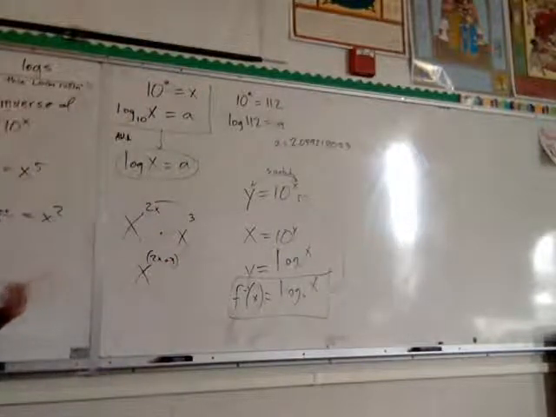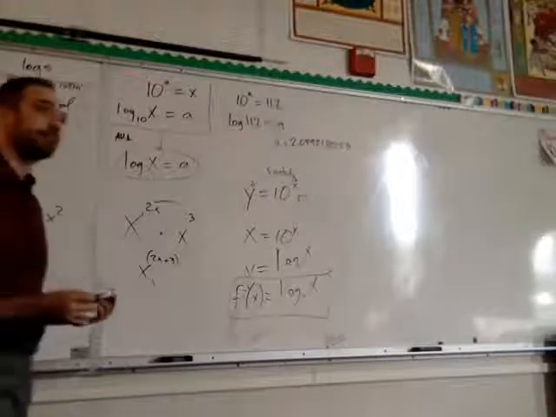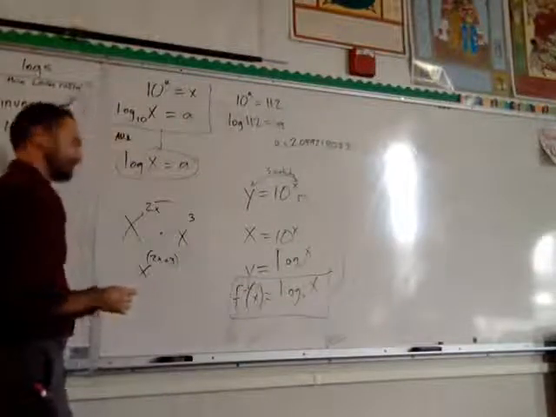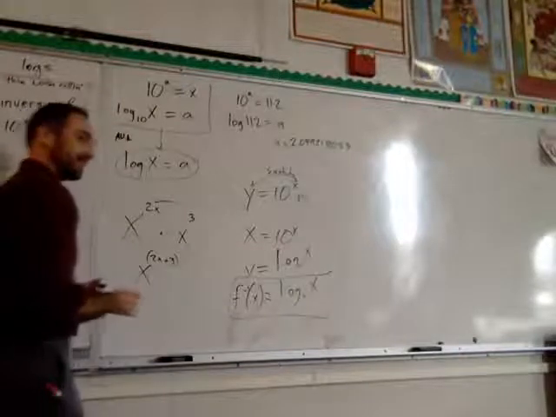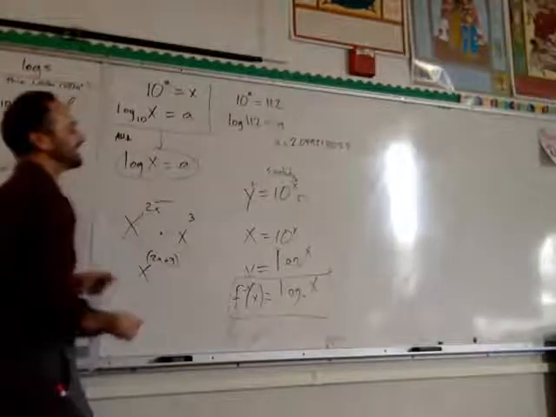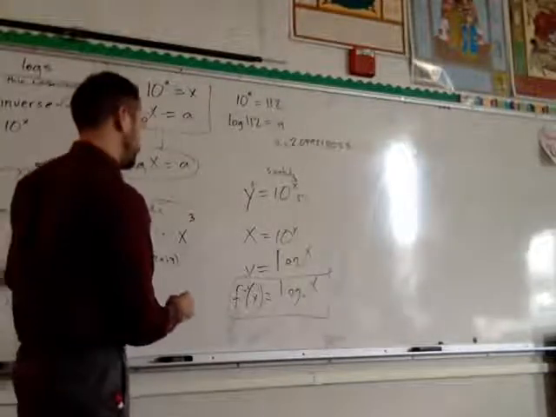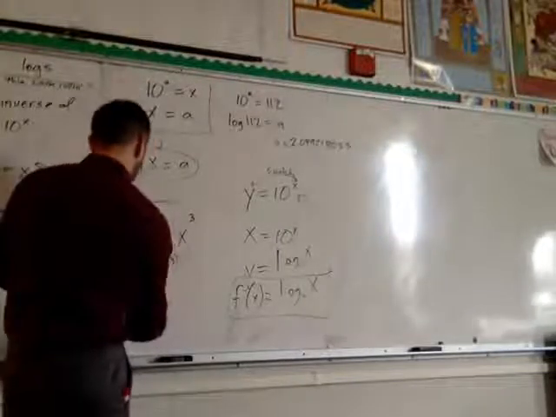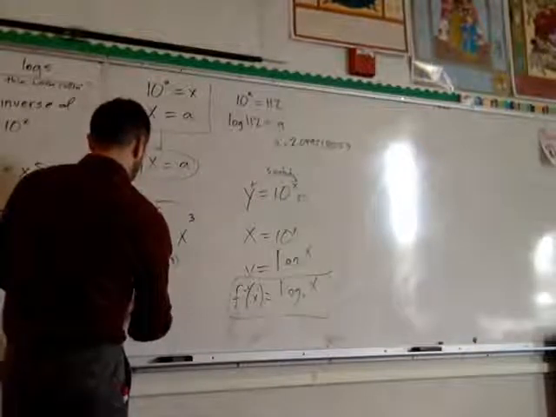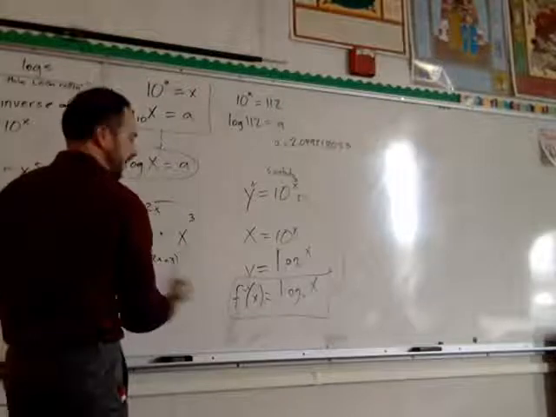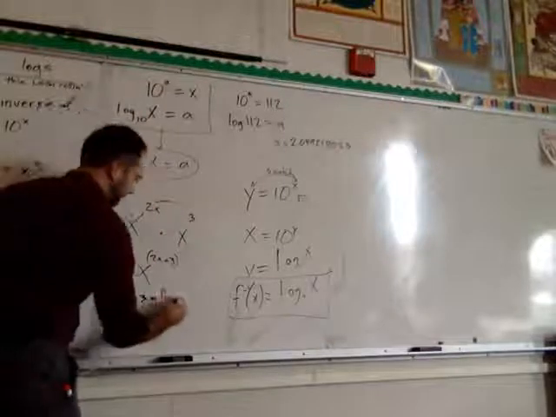So would that mean 2x plus 3 is equal to log x? Wait, no. No? Yes? Right, so from this we'd have 2x plus 3. Well, this would have to be a function, so yeah, the log x.